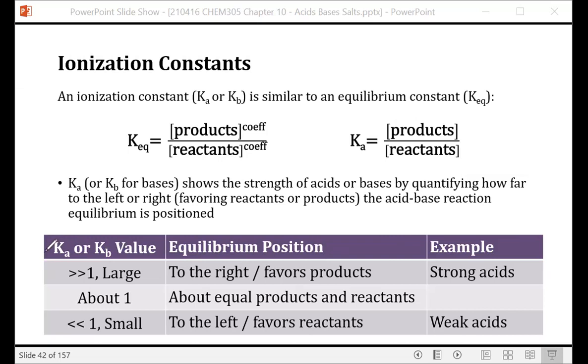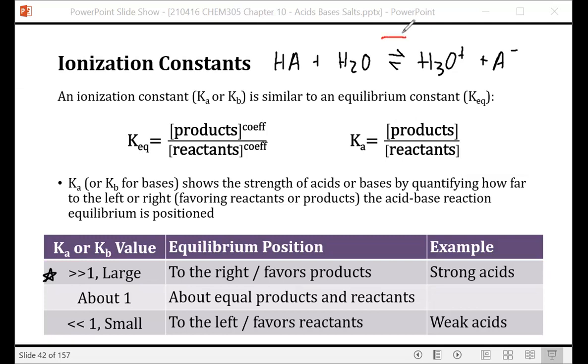So if your Ka or Kb value is greater than 1, is large, that means the equilibrium position for the acid-base reaction, HA plus H2O in equilibrium with H3O+ plus A-, favors the products.